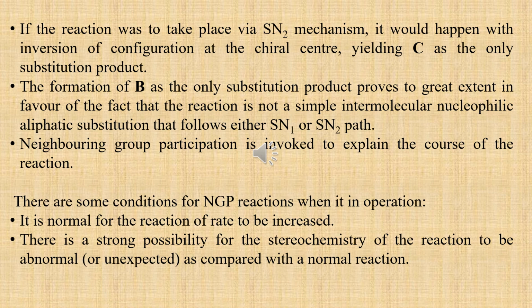The formation of B as the only substitution product proves to a great extent that the reaction is not a simple intermolecular nucleophilic aliphatic substitution that follows either the SN1 or SN2 path. Neighboring group participation is invoked to explain the course of the reaction.